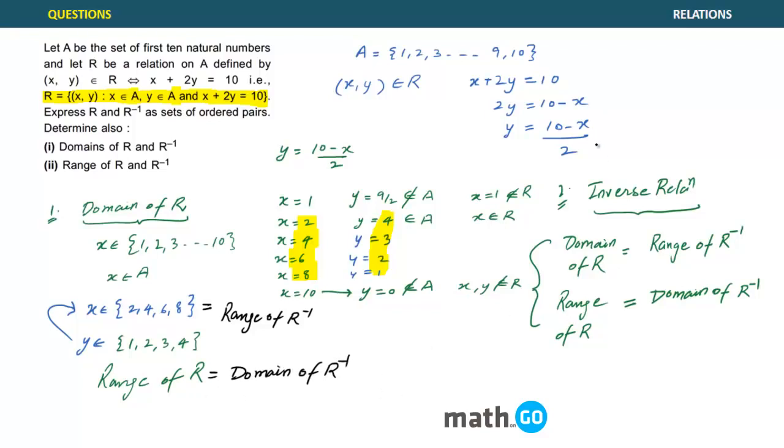Do not confuse it with the inverse of a function, where we used to say that the range of the function is equal to the domain of the inverse, but the domain is not equal to the output of the inverse. Just keep it simple that in case of relations, they are vice versa of each other. You have already found the domain of R, so this is the range, and the range of R will be the domain of R inverse. That's it. This is how you solve. I hope the question is clear now.